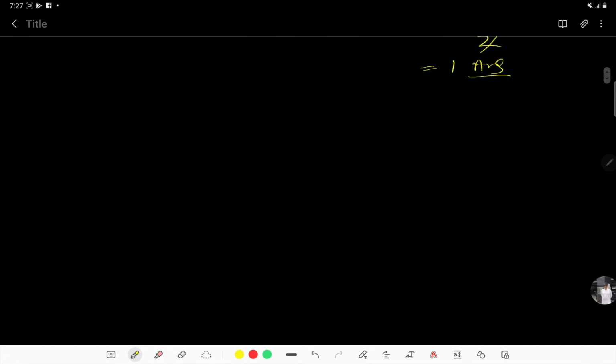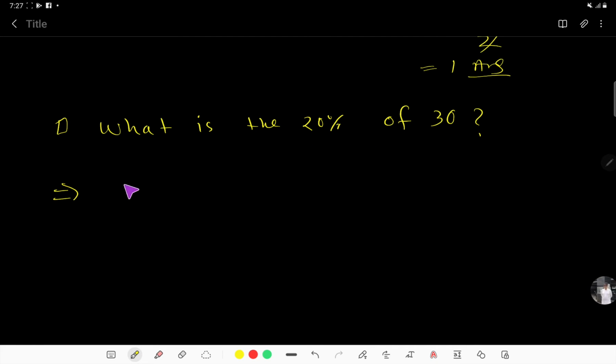So 1 is the answer. Okay, let us take another example. What is 20% of 30? How to solve this math? Look, I am just translating this math. Let's say x means equal sign, then we have 20%, then of means multiplication, then we have 30.